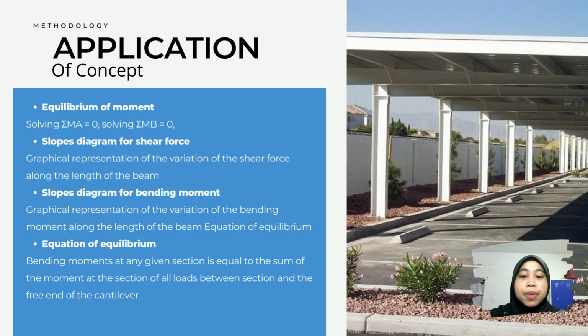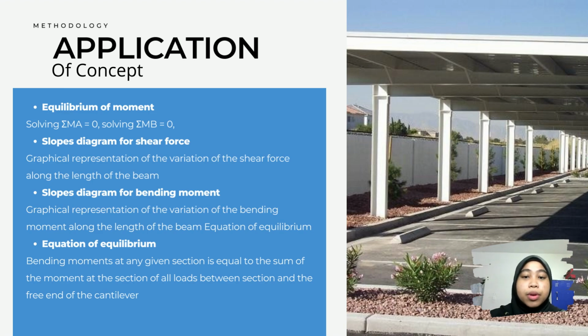The stress in a beam can be determined as the moment equal to the moment produced by the stress distribution about the neutral axis. The shear force diagram of the cantilever beam is the graphical representation of the variation of the shear force along the length of the beam. Meanwhile, the bending moment diagram is the graphical representation of the variation of the bending moment along the length of the beam.